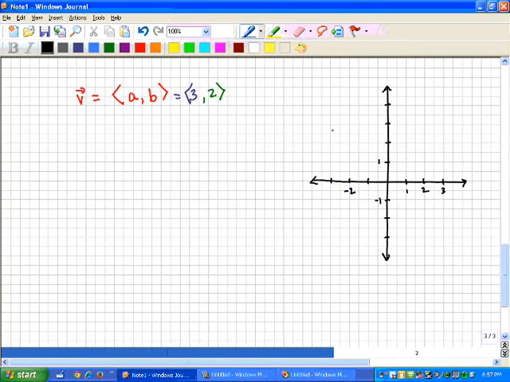If we were to consider this vector, we'll call this vector W. If we leave its initial point and go to its terminal point, horizontally and vertically, the horizontal component would be 1, 2 units.